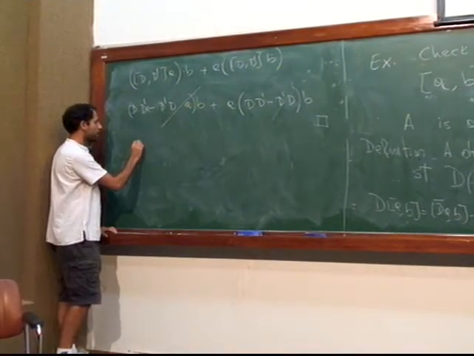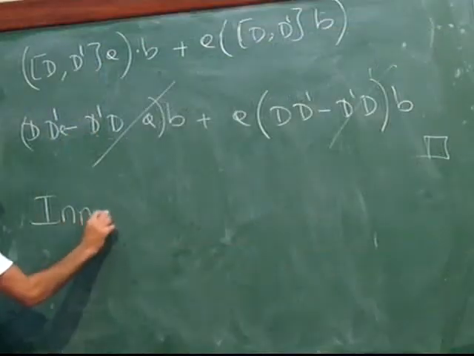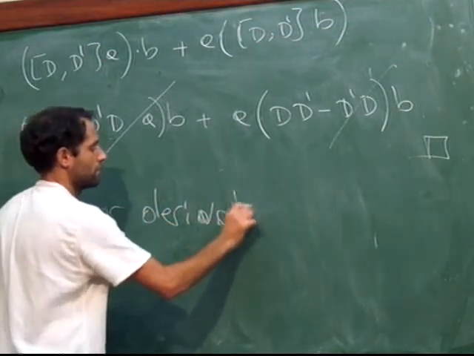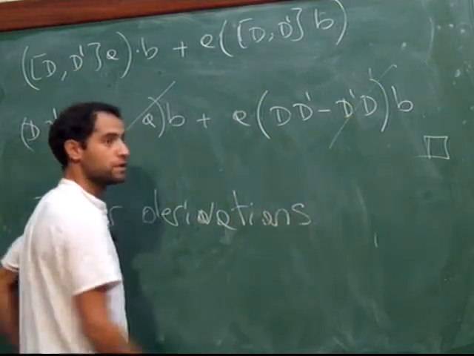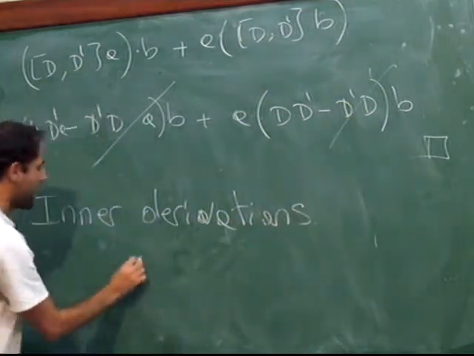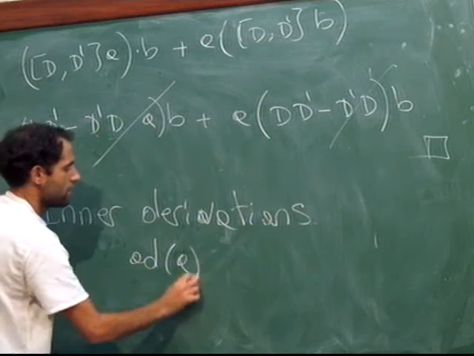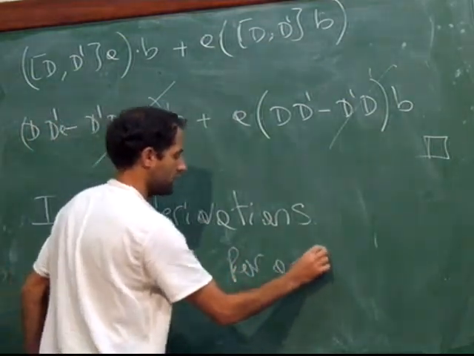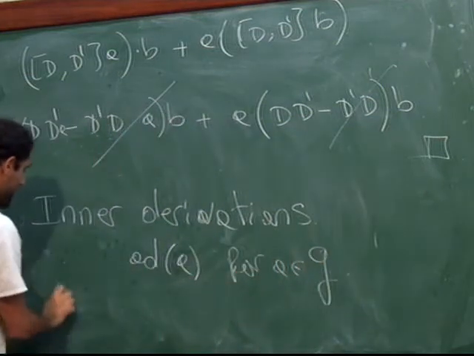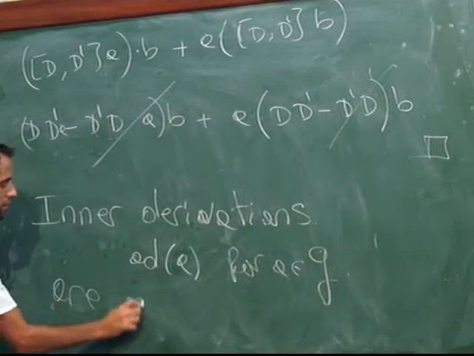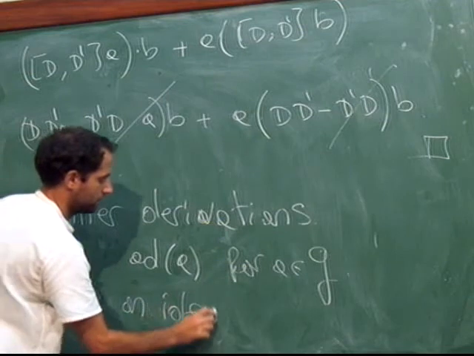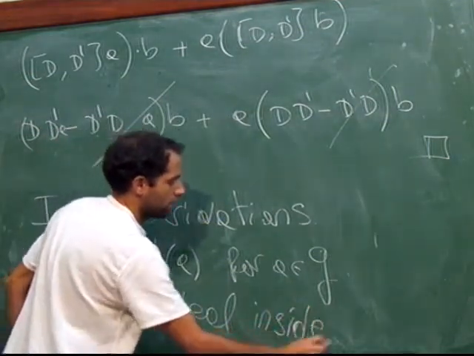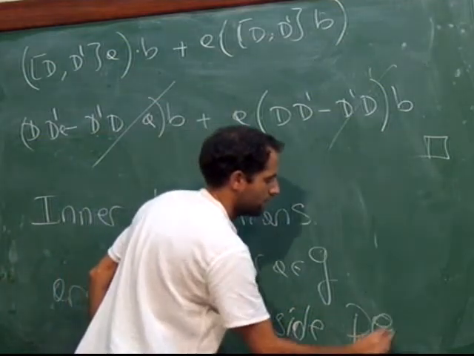Inner derivations, namely those of the form ad A for A in the algebra G, are an ideal inside of Der G.